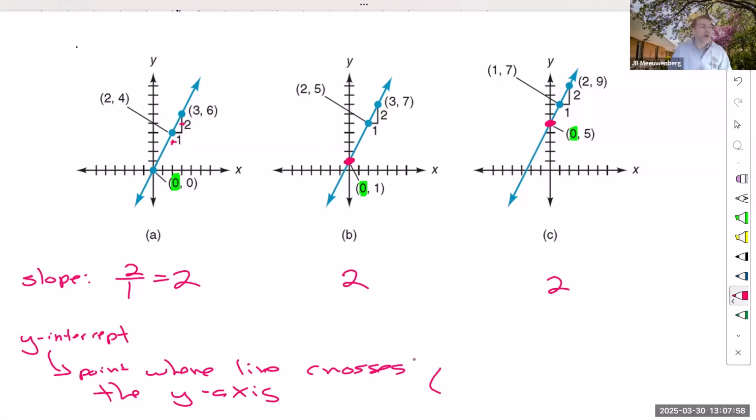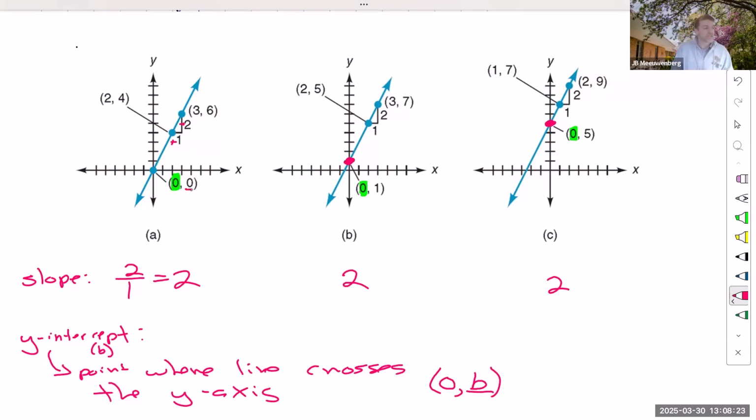And so every y-intercept has the form 0, comma, and then some other number, the number where it actually hits the y-axis. And we tend to call that number b. So the y-intercept will always be 0, b. So we're going to go through and identify for each of these lines the b part of that y-intercept.